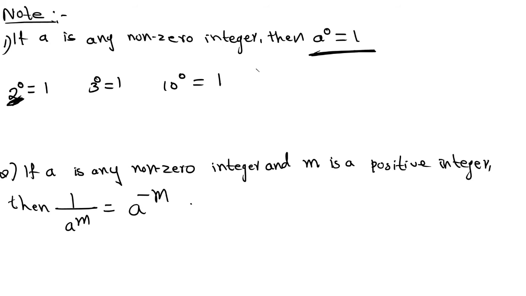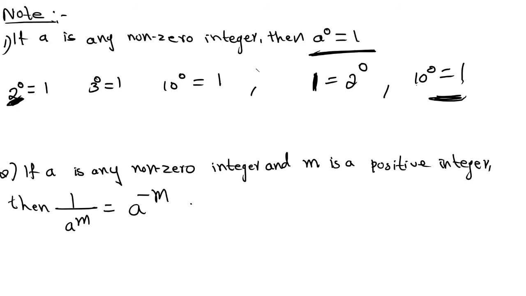Whenever 1 is needed, you can write 1 as 2 to the power 0, it's the same, right? Any non-zero integer to the power 0 is equal to 1.